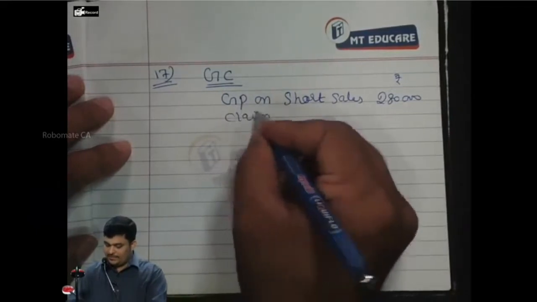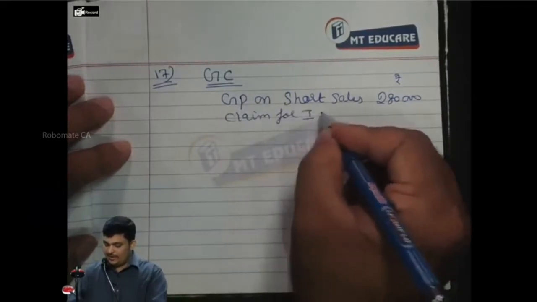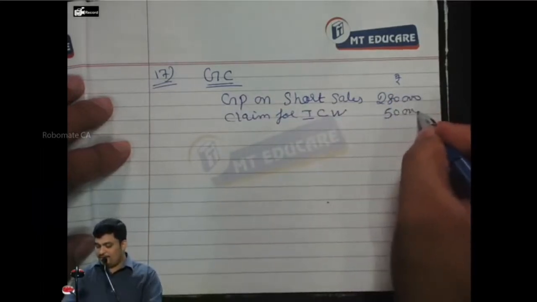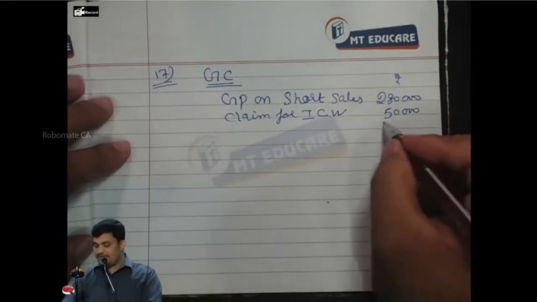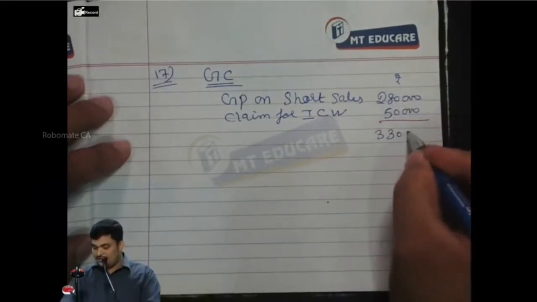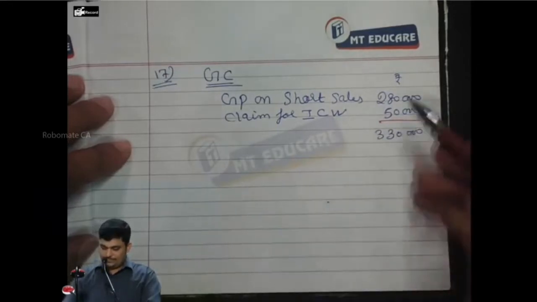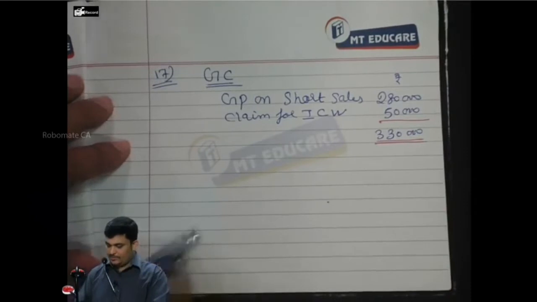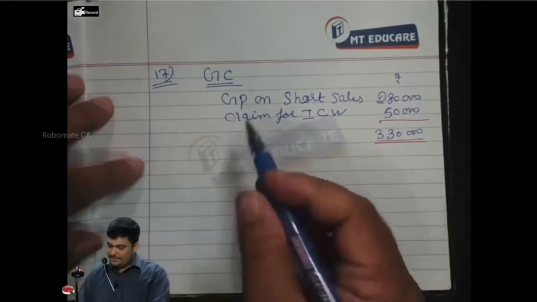Claim for increased cost of working 50,000. There is no savings in insured standing charges. So gross claim is 3,30,000.